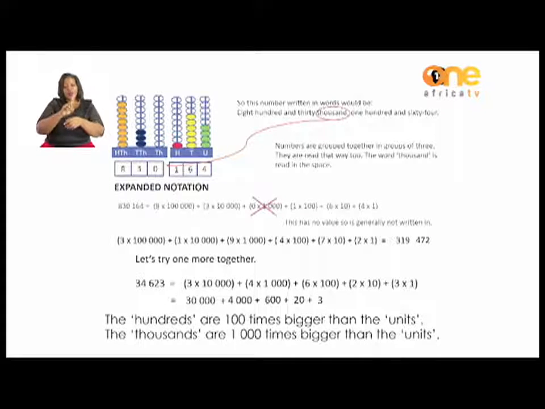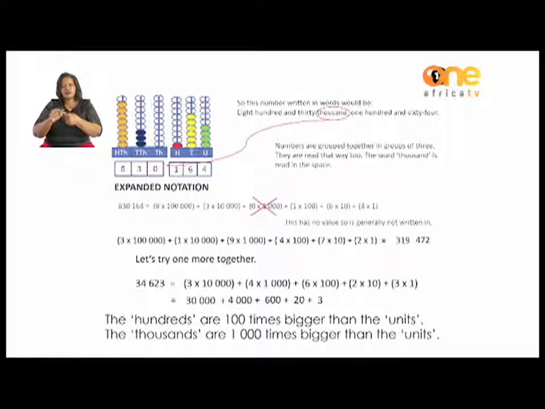You take 3 in the place of 10,000, you multiply with 10,000. 0 in the place of 1,000: the value of 0 is 0, so even if you multiply 0 times 1,000, you get 0. That's why there's a cross there, for you to know that we do not write that.